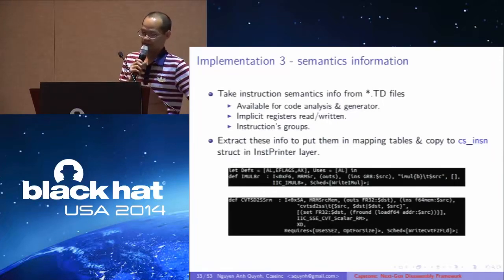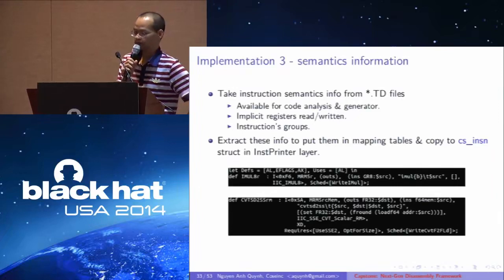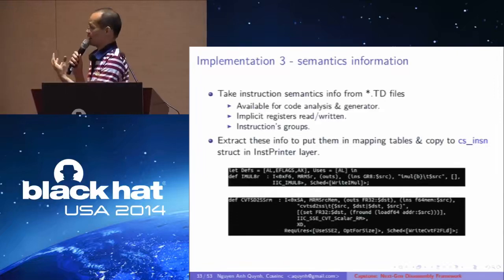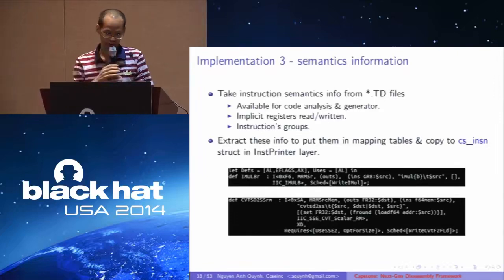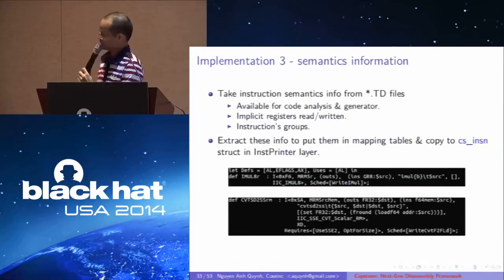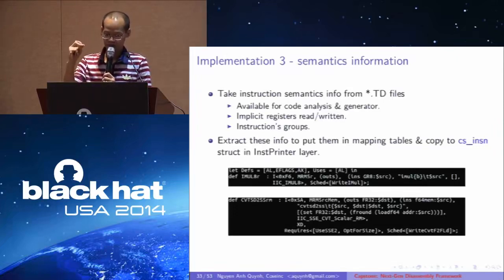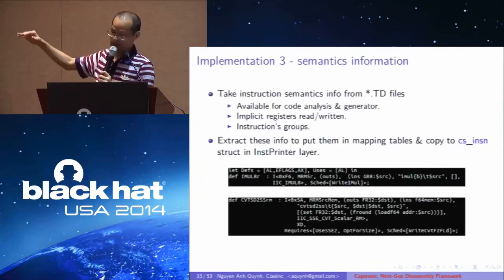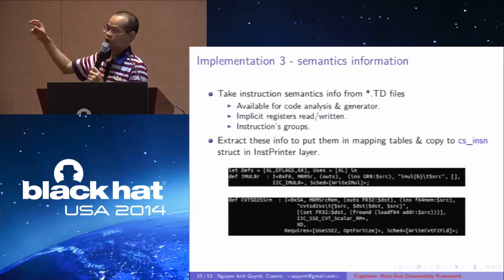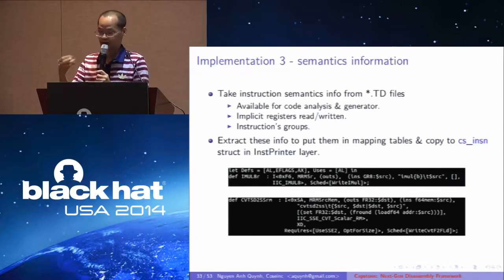And the point is that LLVM originally doesn't provide you those information. So where did I take this information from? The idea is that the TD file, which I presented in the first few slides, has all those semantic information for the compiler. The compiler uses this information for the code generator, but the assembler and disassembler inside LLVM don't really use them.